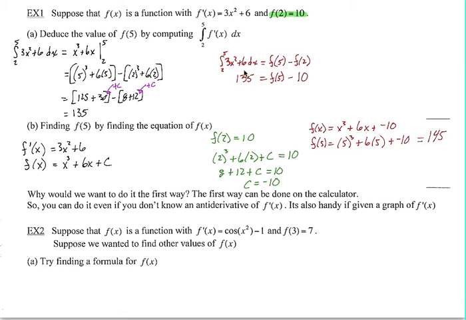So if we know what the integral is and we know where we were to end, then we can figure out where we were to start. So hopefully you can see that this gives us f of 5 equal to 145, which is the same as the 145 that we calculated by doing it out algebraically.